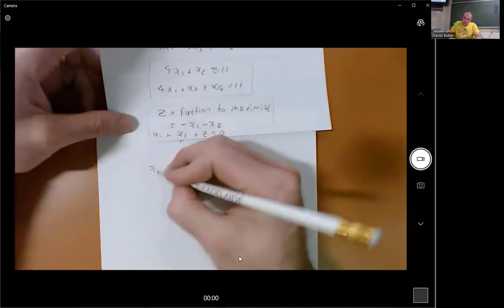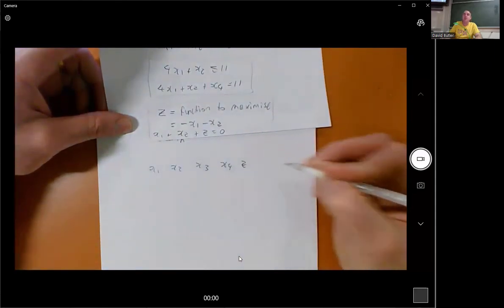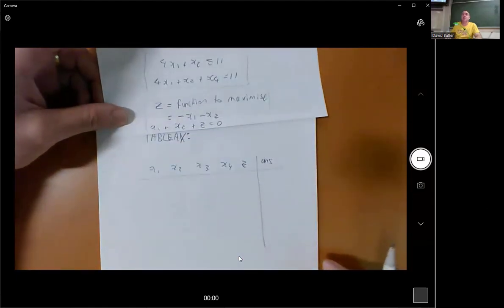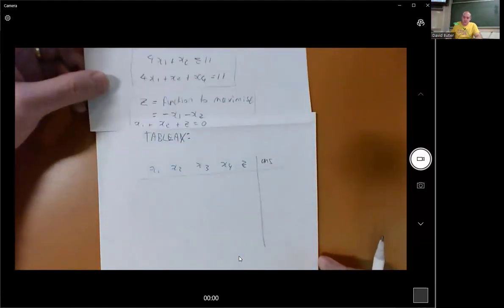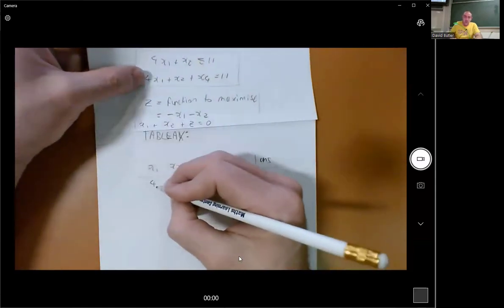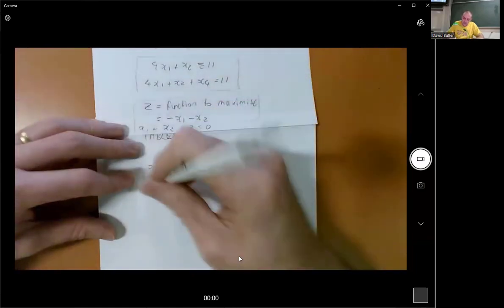And so we have x1 and x2 and x3 and x4 and z and the answers. And that's how we make the tableau.